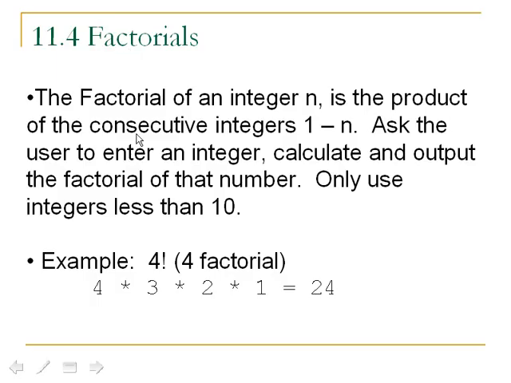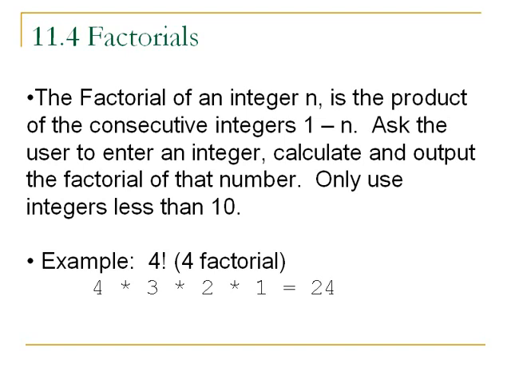Let's go back to the spec and remember how we were going to calculate the factorial. 4 times 3 times 2 times 1, and we want the answer to be 24. So what would we multiply by what inside of this loop?